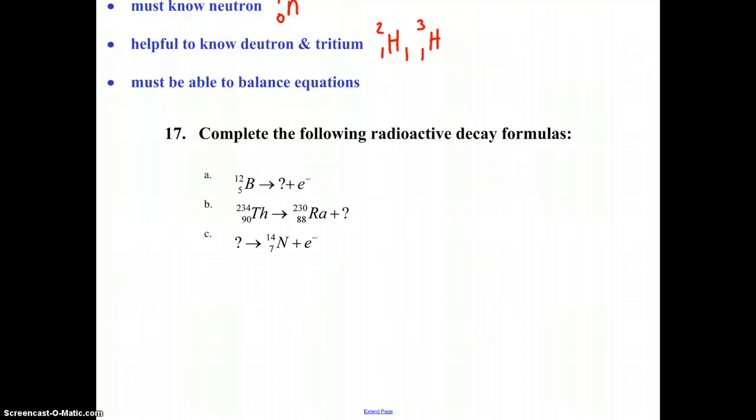All right, so let's take a look at this. This is really simple. The only rule of thumb that you need to follow with this is that the mass numbers and the atomic numbers always have to add up and be the same on each side of the equation. So when we take a look at A, for example, we have boron 12 decays into some question mark, some other element, plus it looks like a beta particle is given to us here.